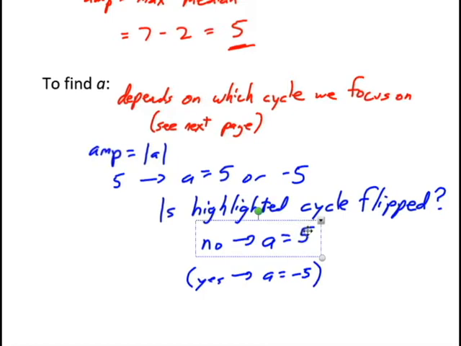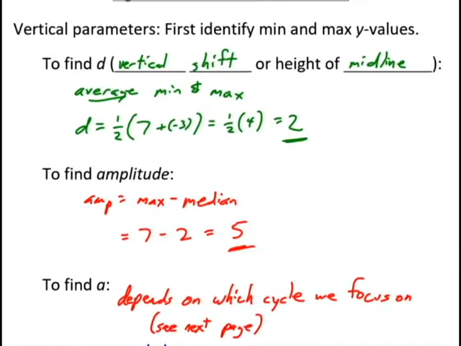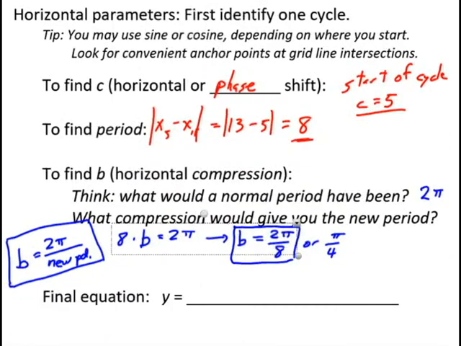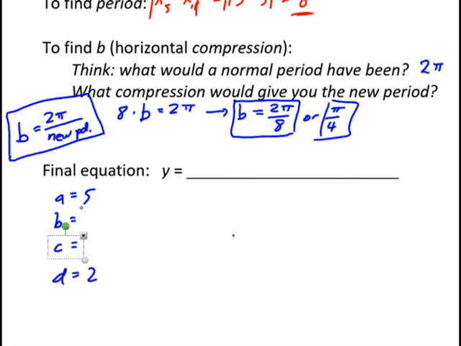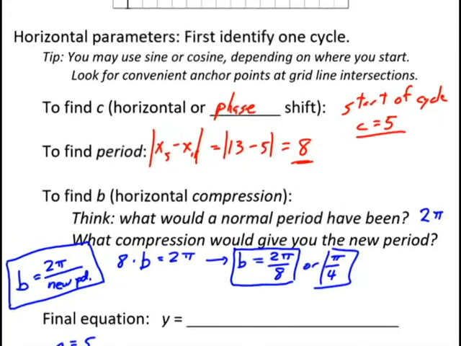So A was 5, D was 2. Let's transfer those numbers. What was B? Pi over 4. What was C?